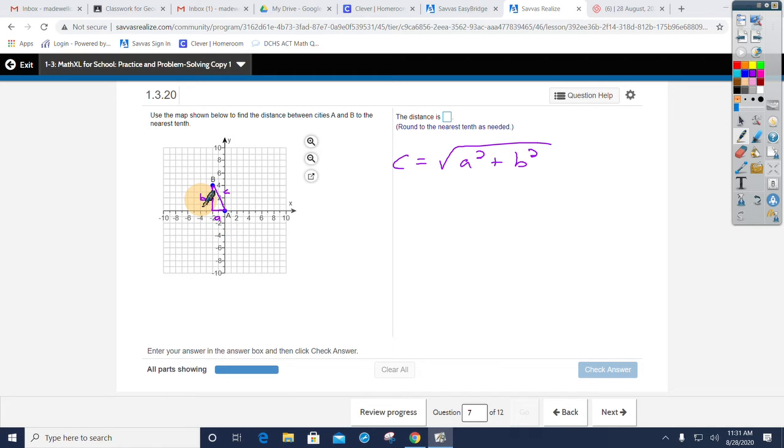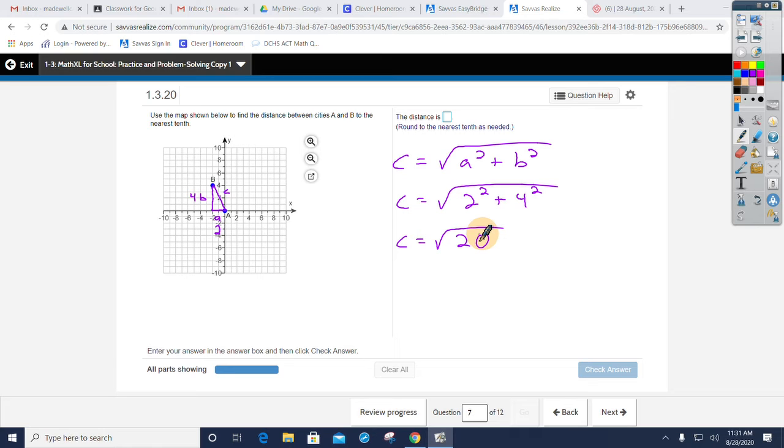And then let's just figure out what those two are. A, I can see there is 2. And B, I can count up and it's 4. Well, that's pretty easy. So just plug in. So C equals the square root. So put in 2 for A, so that's 2 squared. Put in 4 for B, 4 squared. So if I work that out, that's going to be 2 squared plus 4 squared. That's going to be 20. If you add that together, you can use a calculator if you need to.